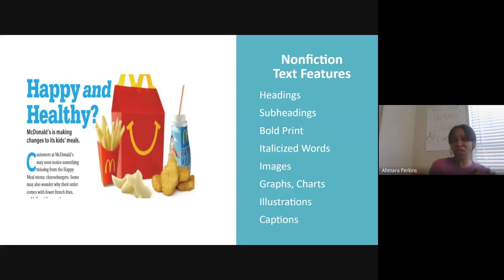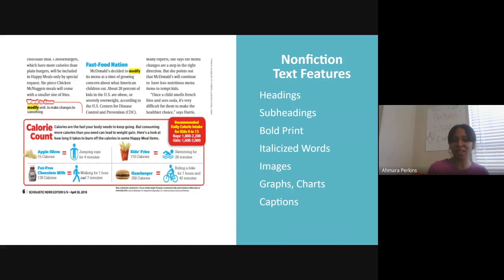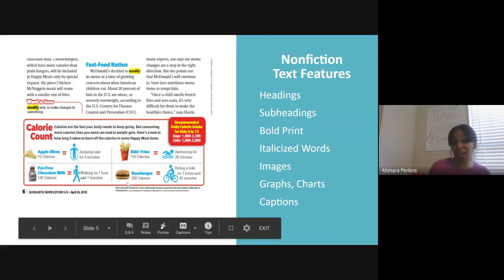Images, graphs, you will see all of those things in nonfiction text. You also see charts, right? And we see captions and we have images, okay?